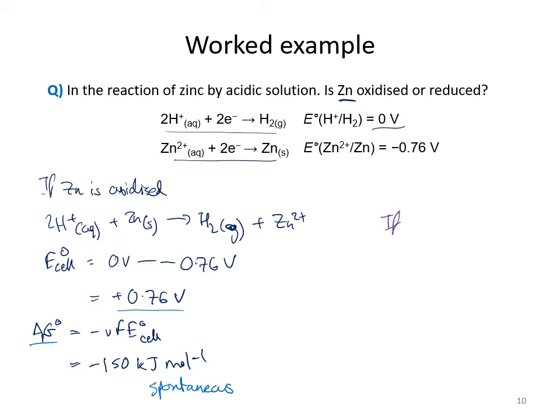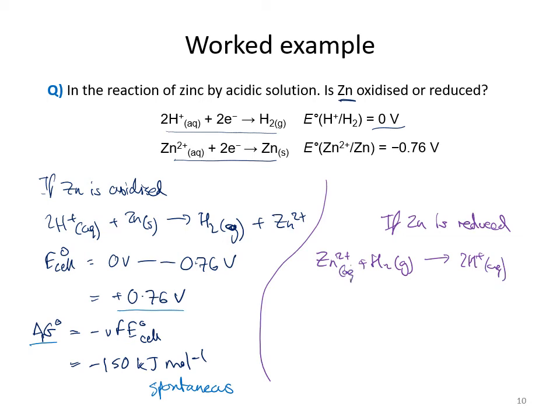So if Zn is reduced, in this case, the Zn species on the left-hand side has to be Zn2 plus, and it's going to react with H2 gas to give H plus aqueous, plus Zn solid. Of course, if we didn't actually have any H2 gas kicking around, then this reaction couldn't happen full stop. But let's just assume we've got plenty of both H plus and H2 gas.